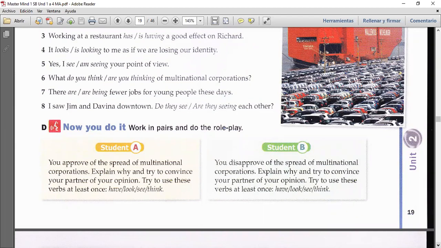For tomorrow, do the workbook as well, page 11, that is related to this grammar. Then it's listening. And tomorrow we're going to do the role play. Okay, so tomorrow we're going to continue with this. Any questions? Is that enough for today?